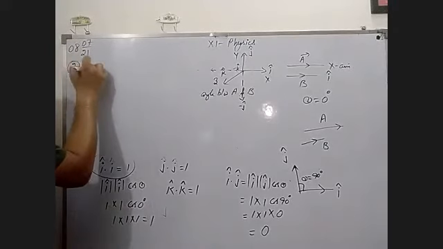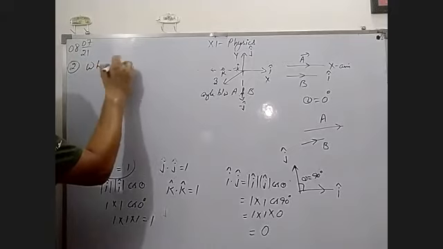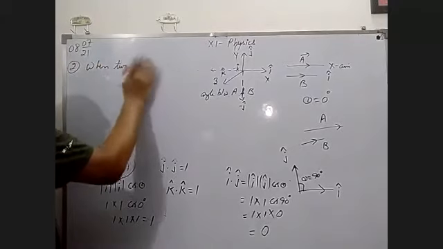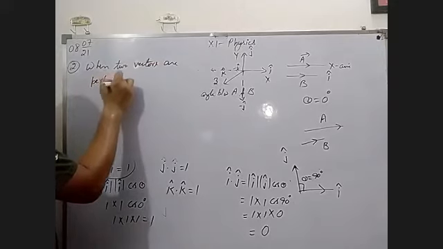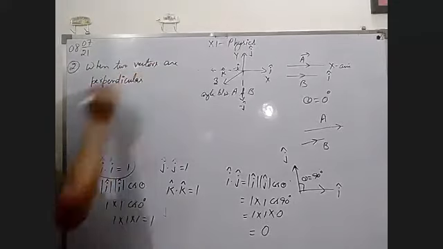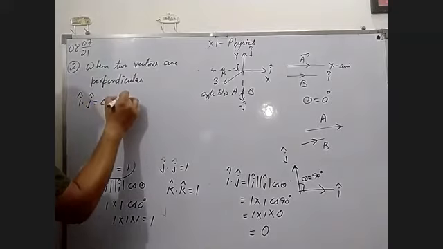Second case is when two vectors are perpendicular. Then vector i dot vector j, you can prove this or remember it directly.